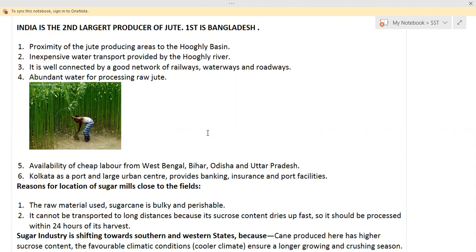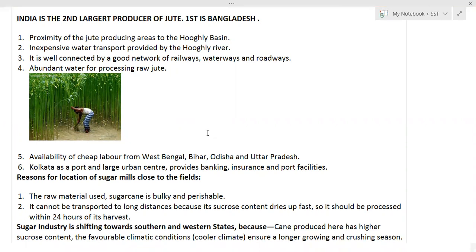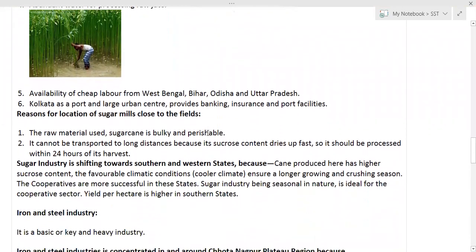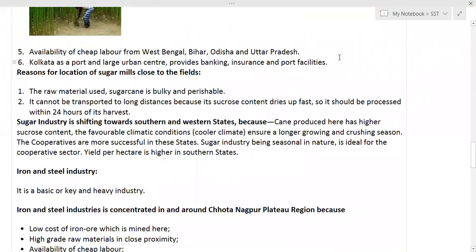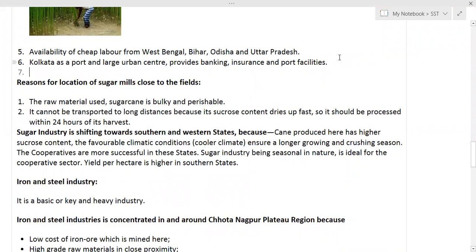Reason for location of sugar mills in the field. Let's see what's for sugar mills. Raw material used: sugarcane is bulky and perishable. Bulky means it is very big, and perishable means it can degrade very fast.